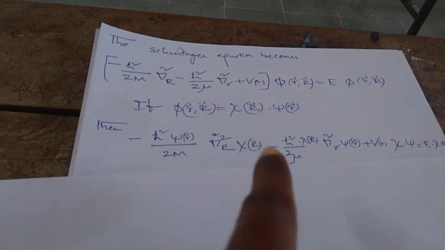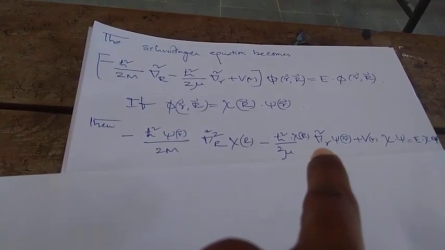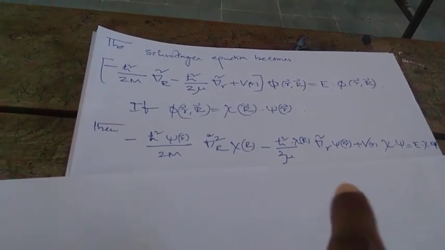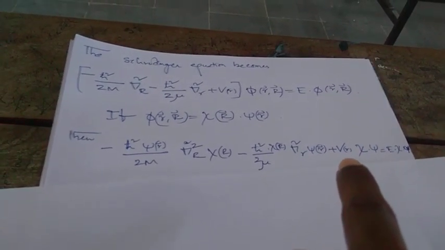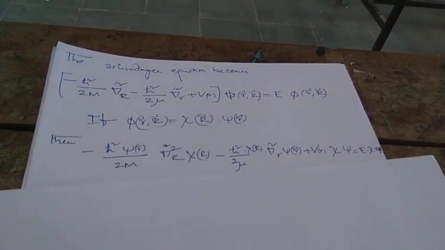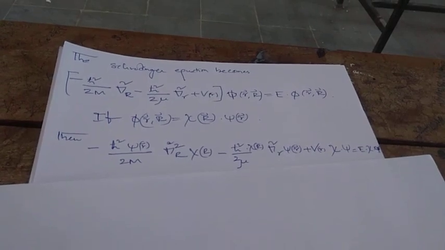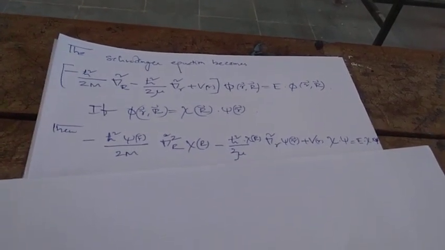In the second term, we'll be writing chi of R as a constant, because this del squared operates upon only the smaller coordinates. The third term will just have V of r times chi times psi, and on the right hand side we'll see that it's equal to E times chi times psi.